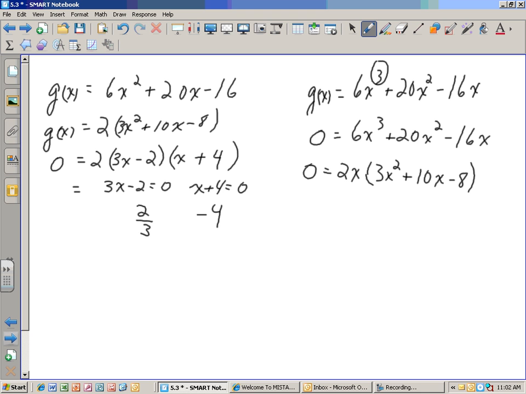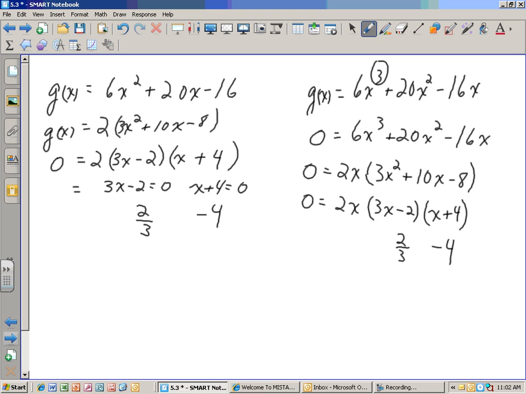And we'll factor the same way we did before. And we have 3x minus 2. So we factored that parenthesis the way we factored before. And the zeros are going to be the same. 2/3 will be one. -4 will be another.